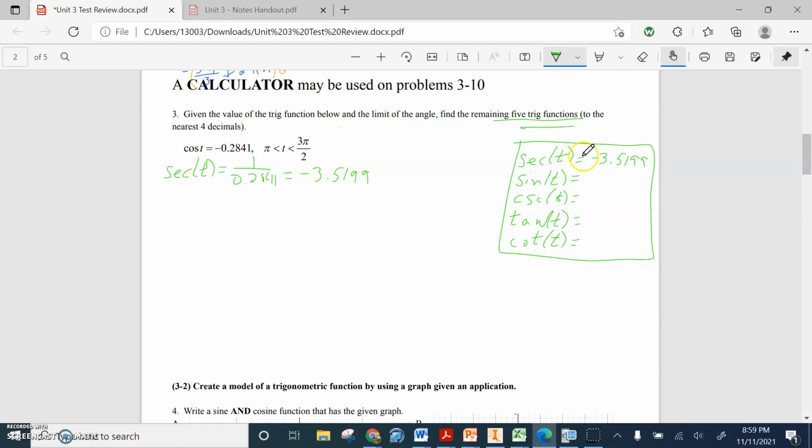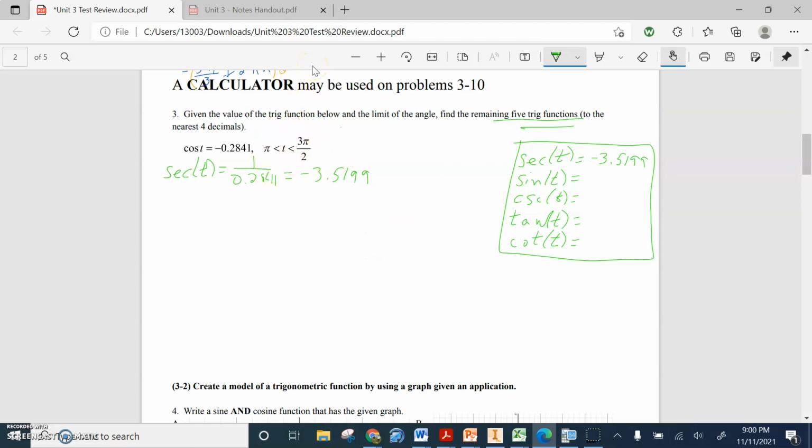But we do need to go through the rest of our answers and check that in this quadrant, pi to 3 pi over 2 being quadrant 3, sine might be negative or tangent might be negative. So I look at the magnitudes of the numbers first, and then at the very end I go back and make sure that I add negative signs for any of the trig values that are negative in the given quadrant.